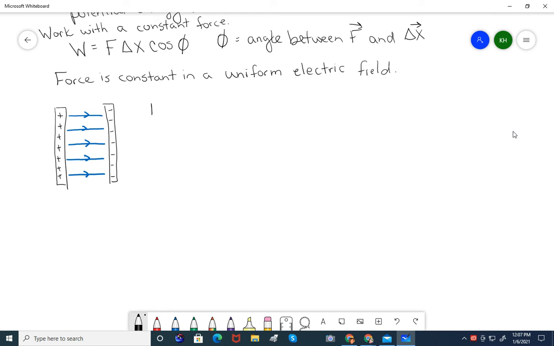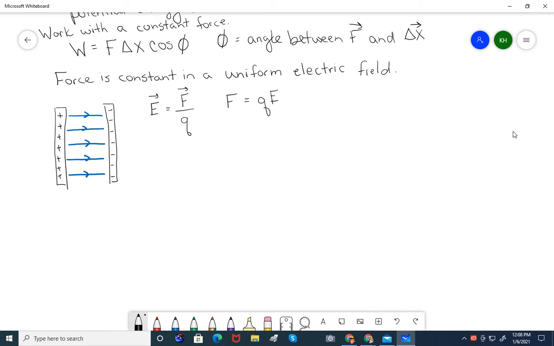Our definition of the electric field is that it is equal to the force divided by the charge. Remember, we get it in units of newtons per coulomb. So our force is equal to QE. That's the magnitude of the force that's going to be felt by a positively charged particle. Now, the direction of the force will depend on the sign.